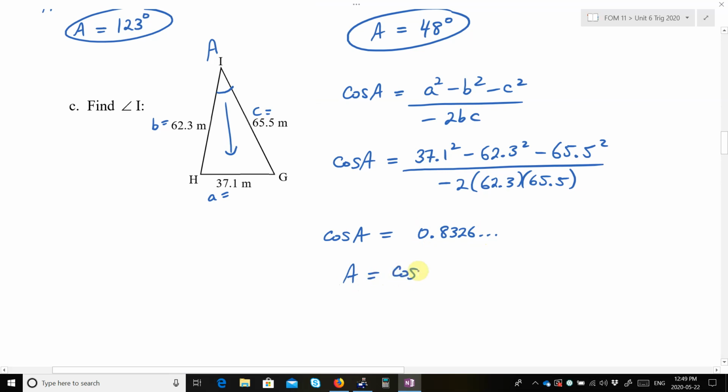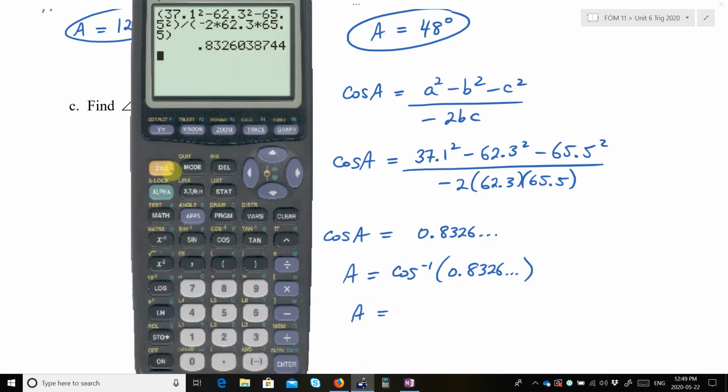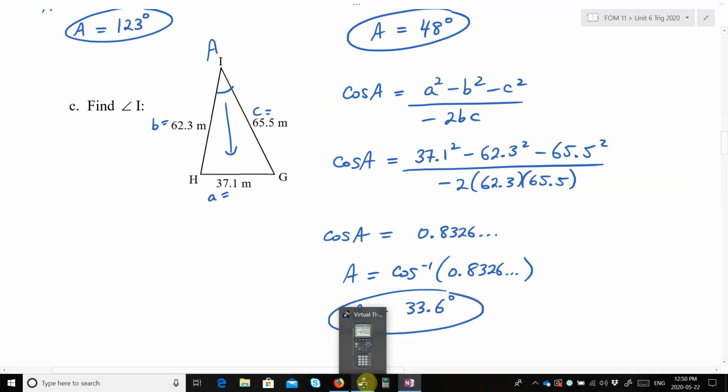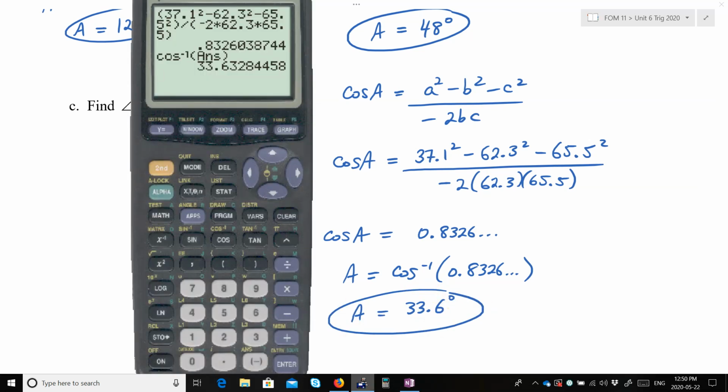And so A is cos inverse of that. Shift cos, second function minus sign to get answer in there, and we get 33.6 degrees, and that's how the answer key writes it, to 1 decimal place for this one. 33.6 degrees.